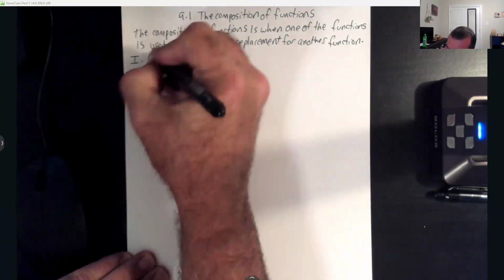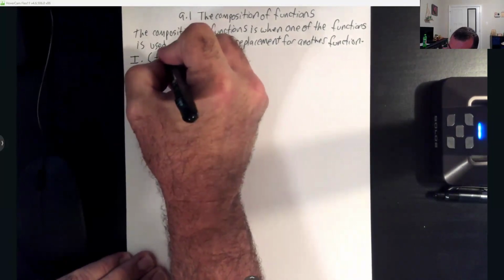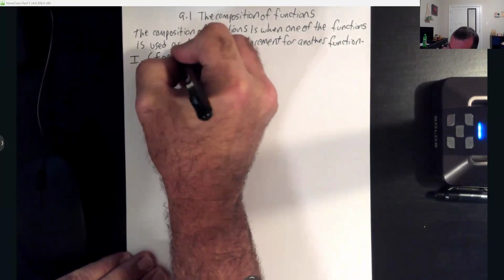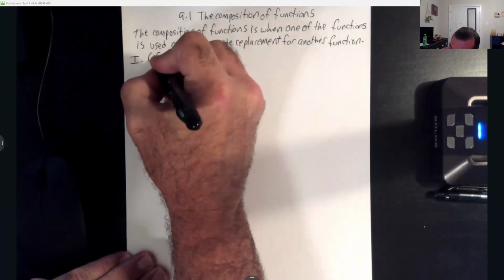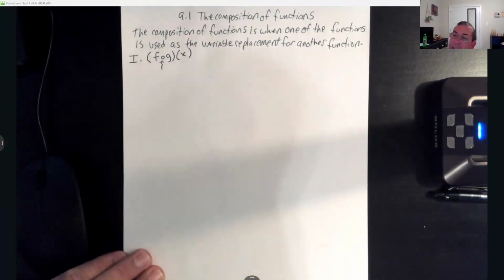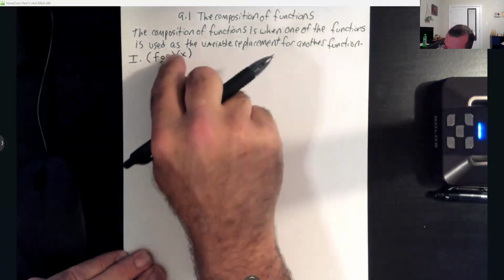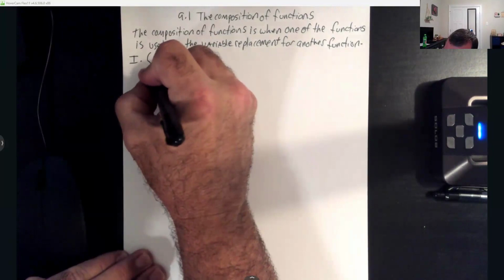So first of all, F compose G of X. Now, that little symbol there, that's not an O or a zero. It almost looks like a degree symbol. And this is what we call the composition operator.